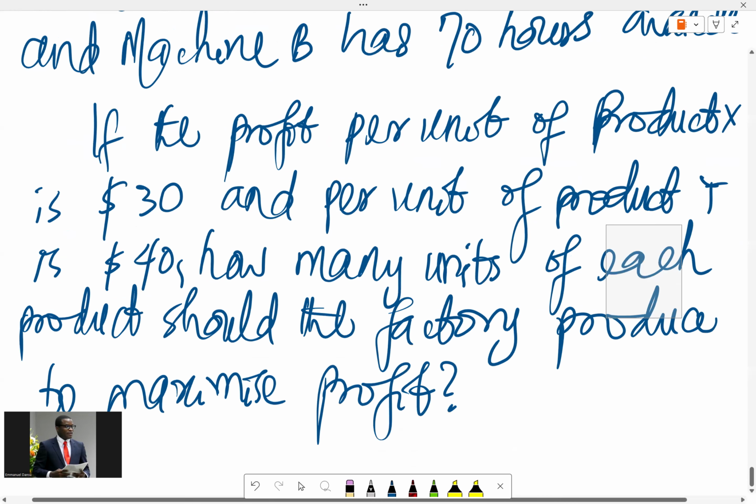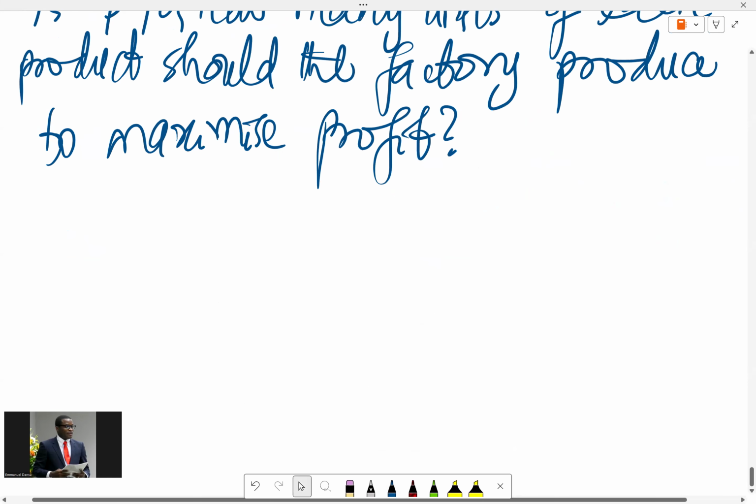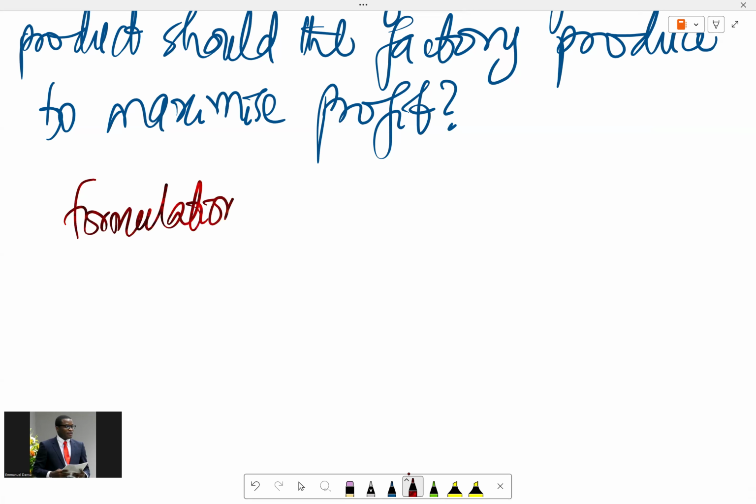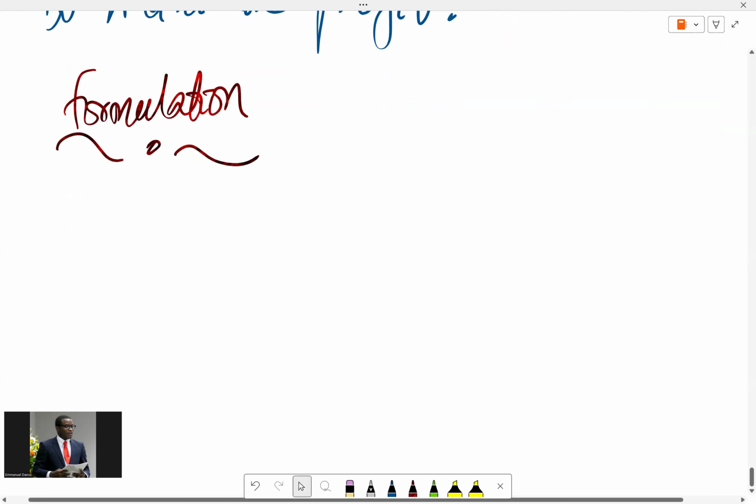Now, like I said, I'm going to use that fast method. So let's talk about formulation now. To formulate using the fast method, you just read through and you start writing things down.